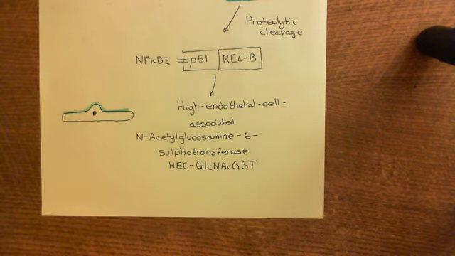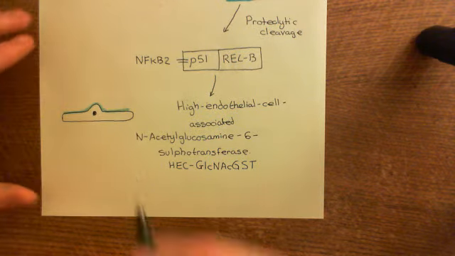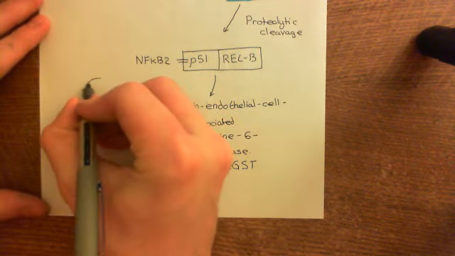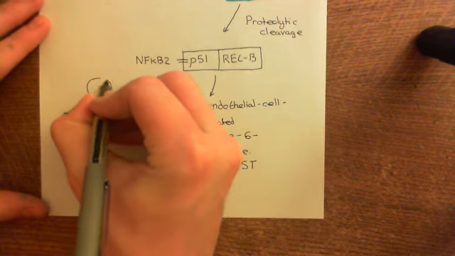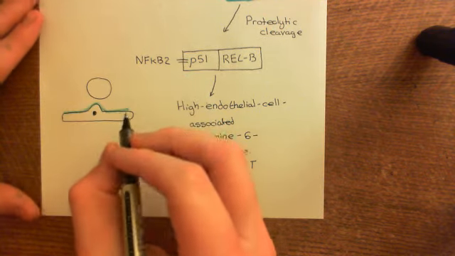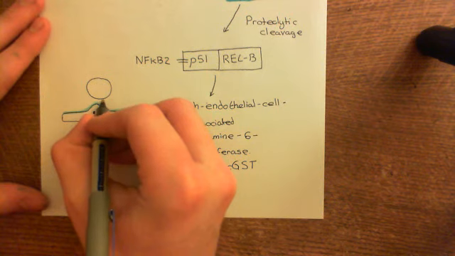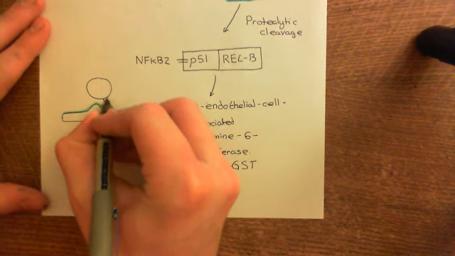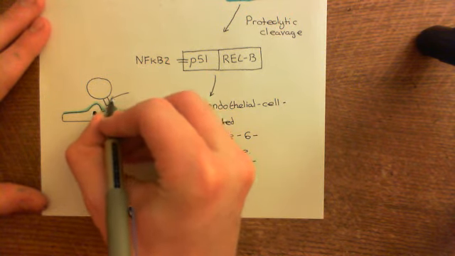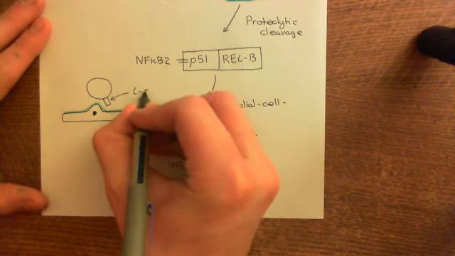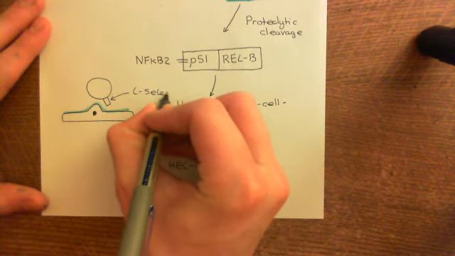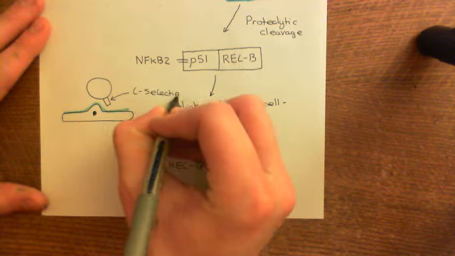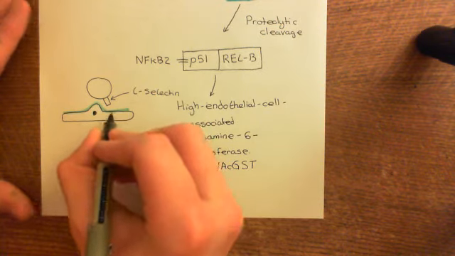Now why does it want to sulfonate those polysaccharides? Well, basically it's because these naive B cells and naive T cells have a molecule on their surface known as L-selectin. And L-selectin binds to sulfonated polysaccharides.